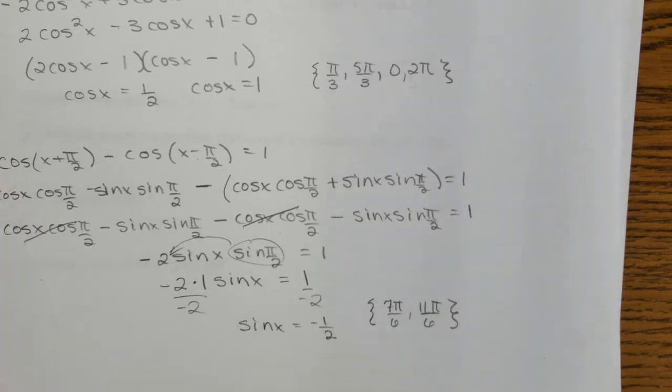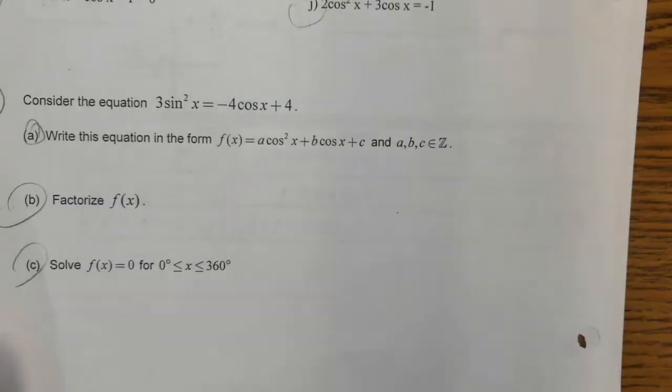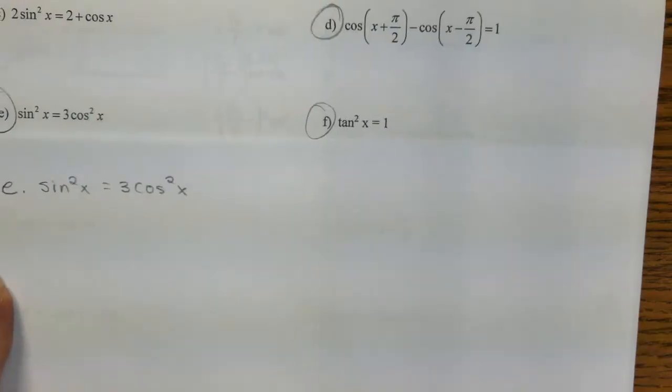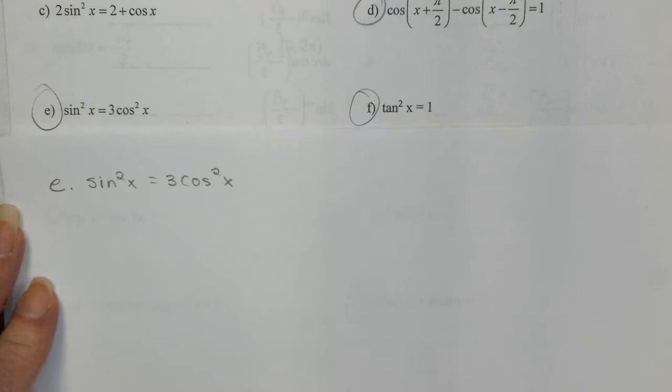All right. So now let's look at problem E. So problem E is sine squared x is equal to 3 cosine squared x. Now, there's a couple of ways that we can do this problem.